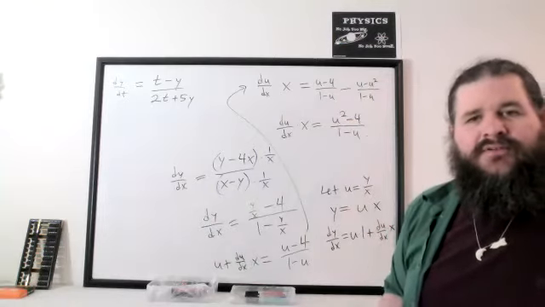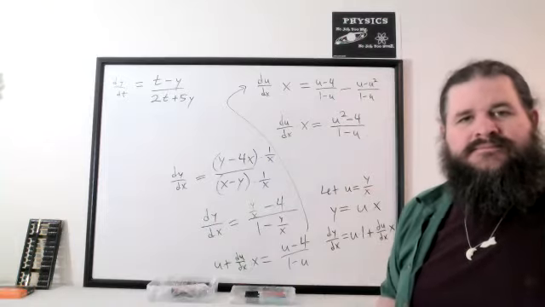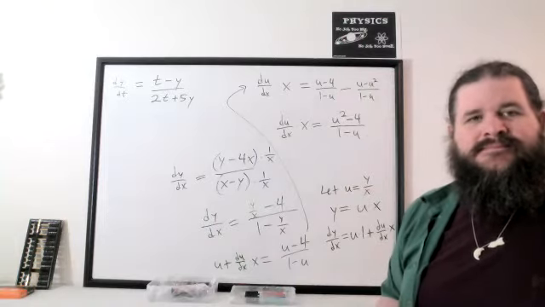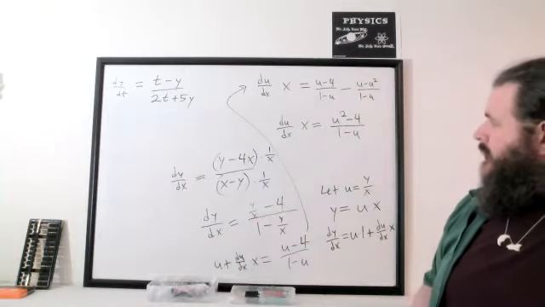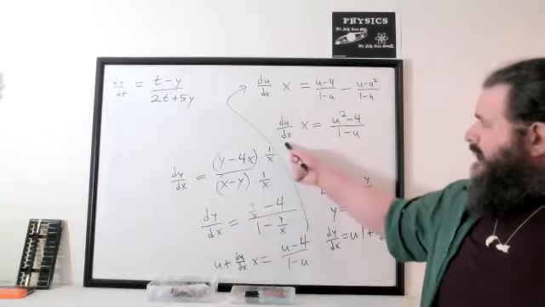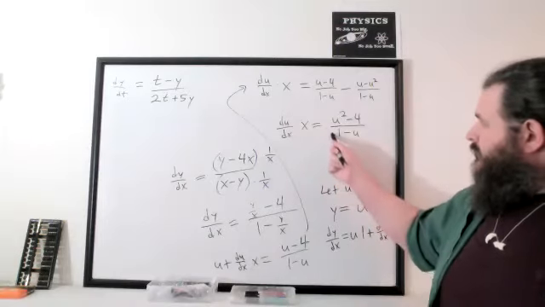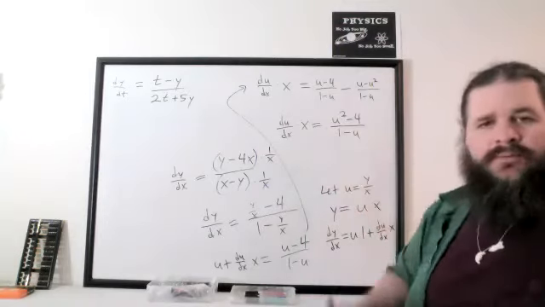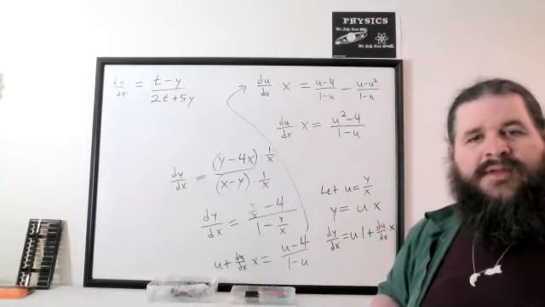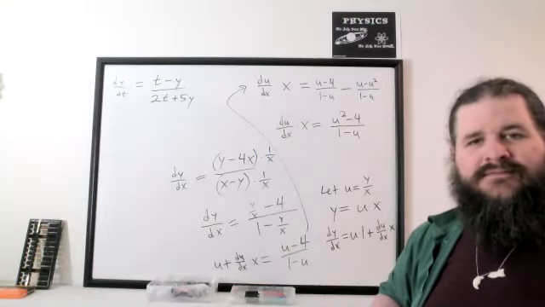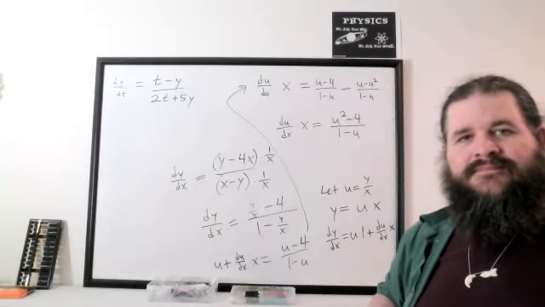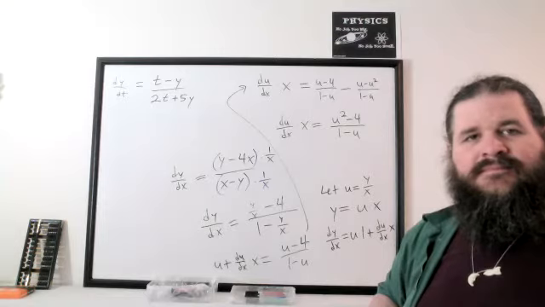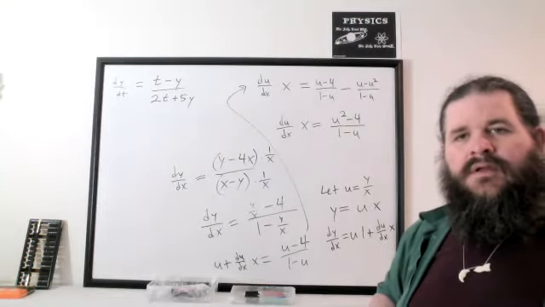Any questions on that so far? And now we have du over dx times x equals a bunch of stuff about just u. Any thoughts on how we could proceed from there? Sub back the y over x.